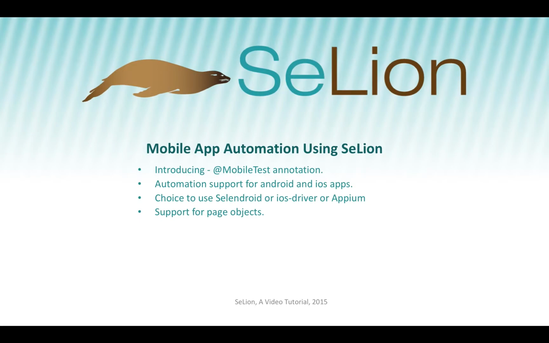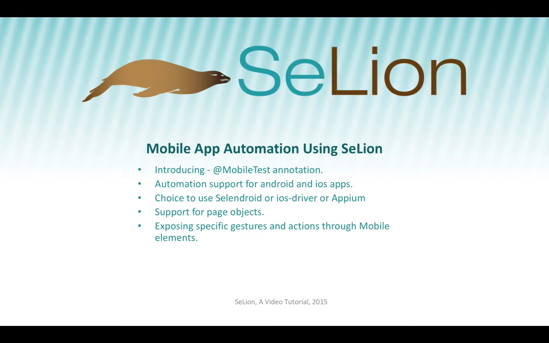And support for page objects has also been incorporated for mobile app automation. Whenever the interaction with the app has been automated, all the elements resolve to a generic type such as web elements.